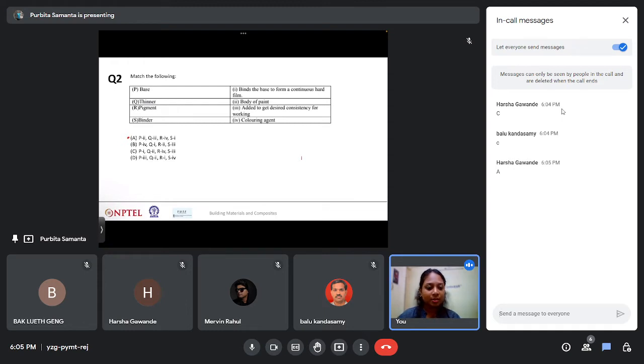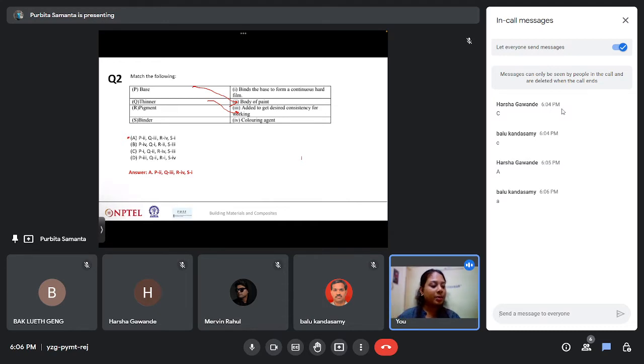Since I'm not getting any more answers, I'll check. Yes, it's absolutely correct. The base is basically the body of the paint. Then there can be thinners. The thinner is mixed in to get the desired consistency and to increase workability.